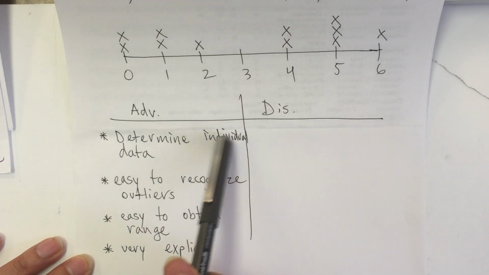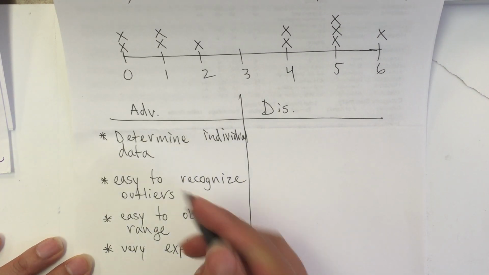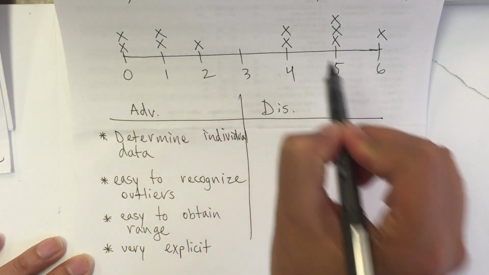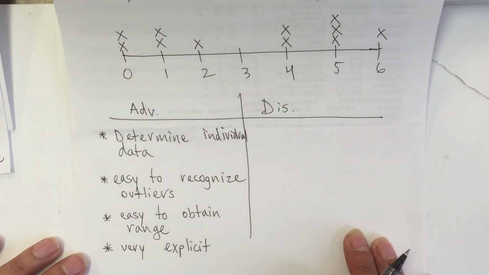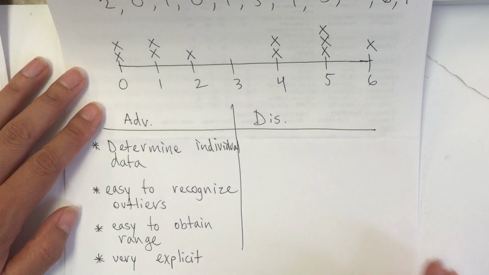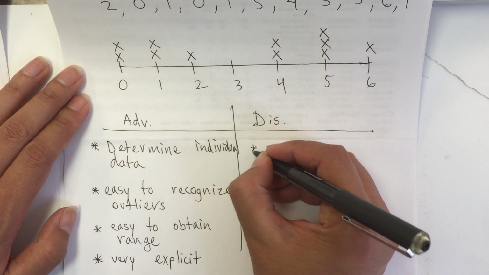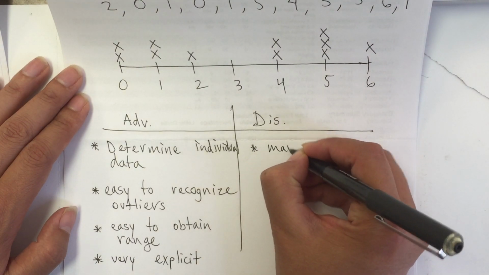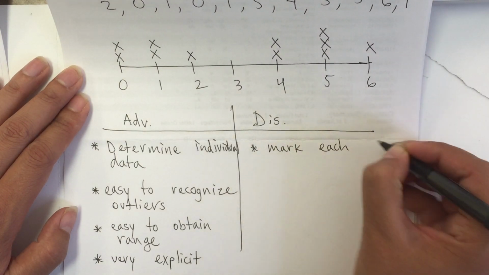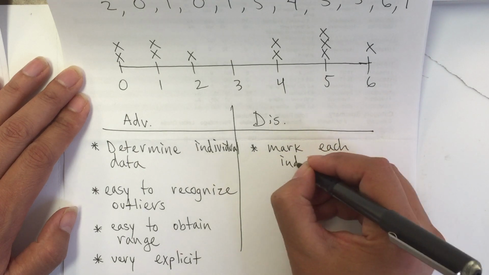Why explicit? I think this goes in hand with determining individual data because it's every single one. Okay, what are some disadvantages? The disadvantages is that you have to mark each individual one. So having to mark each individual one.